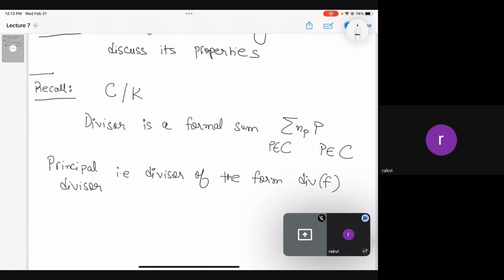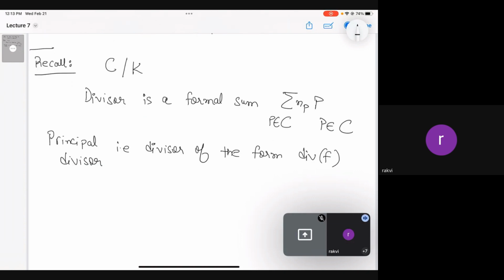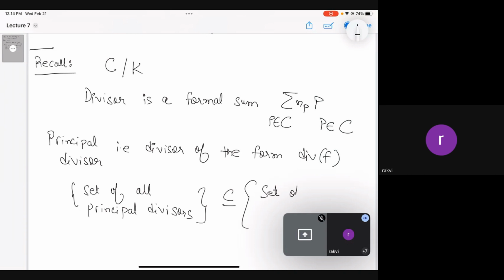What it means is I collect all the zeros and poles of it, and my coefficients are the order of zeros and order of poles, where zeros will have positive coefficients and poles will have negative coefficients. So the set of all principal divisors is contained in the set of all zero divisors.